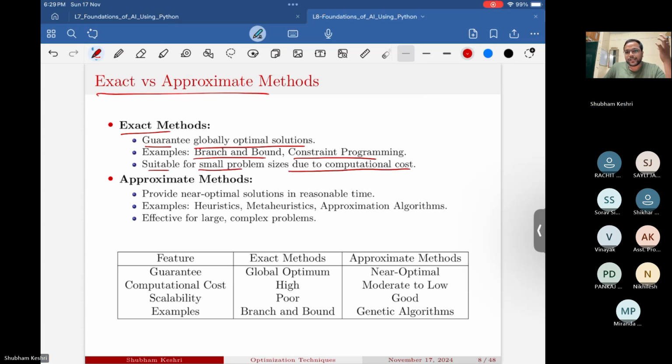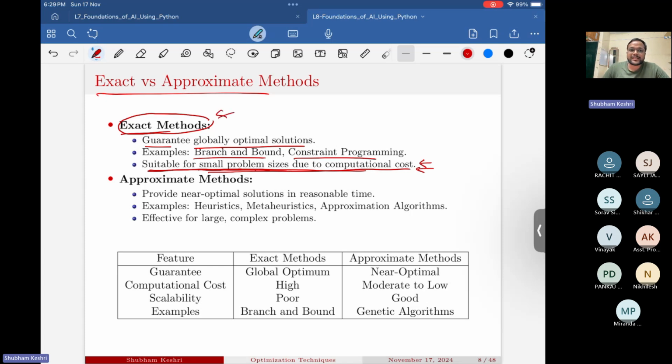When the problem size increases, okay, but one more thing I have not written here is that although I have written that it is suitable for small size problems, some classes of problems are easy to solve using exact methods.